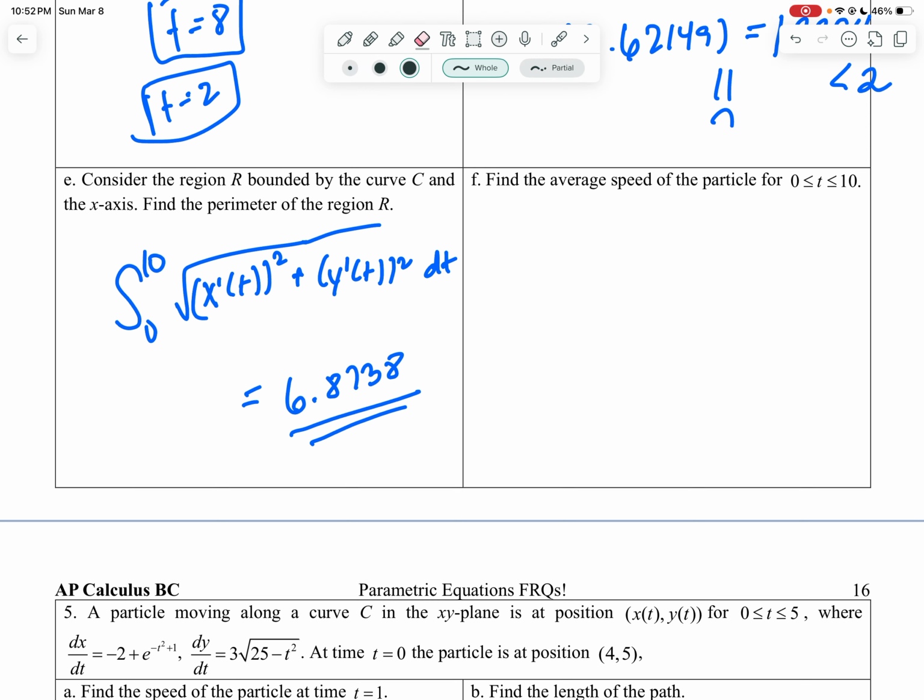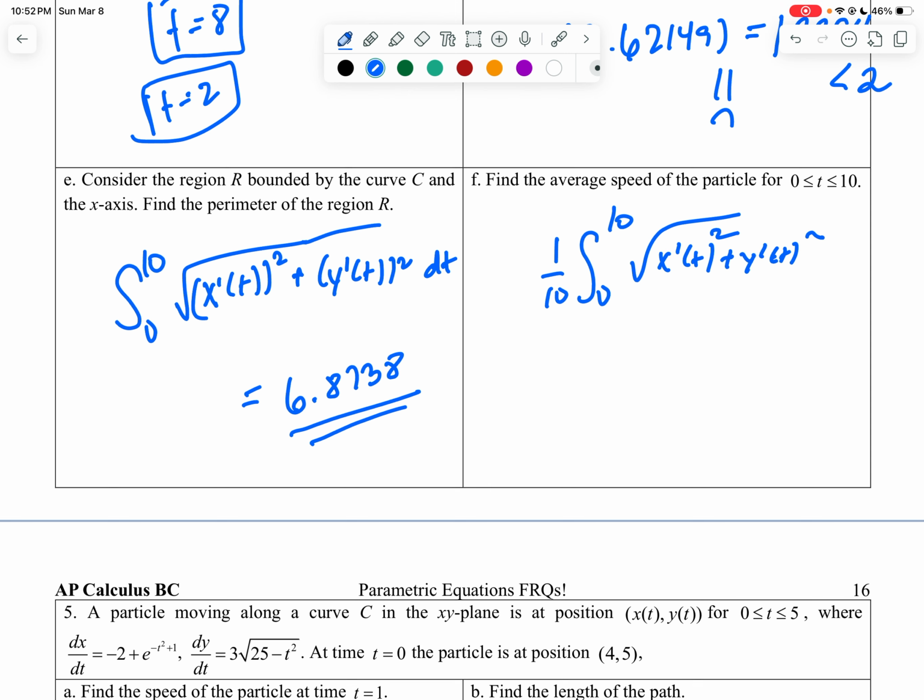And then to find the average speed, we're going to do 1/10 of that. So if we do 1/10 of this lovely thing, we'll get 0.68738.